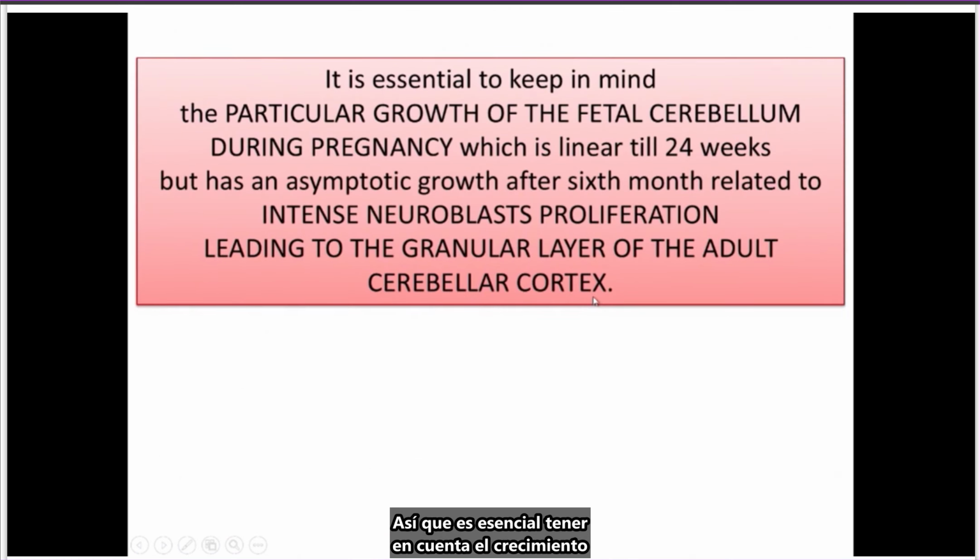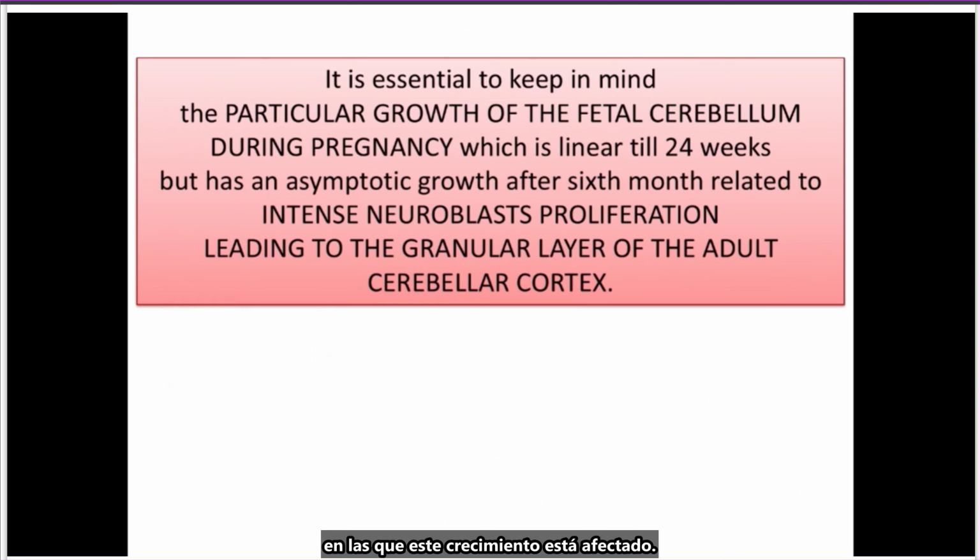So it's essential to keep in mind the growth of the fetal cerebellum during pregnancy, which is linear till 24 weeks, but has accelerated growth after 6 months related to intense neuroblast proliferation leading to the granular layer of the adult cerebellar cortex. And you have some pathological conditions in which this growth is affected.